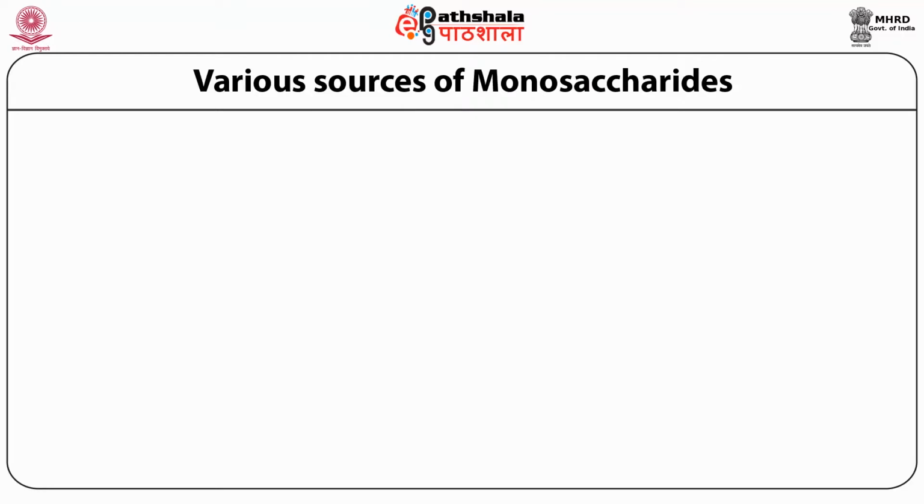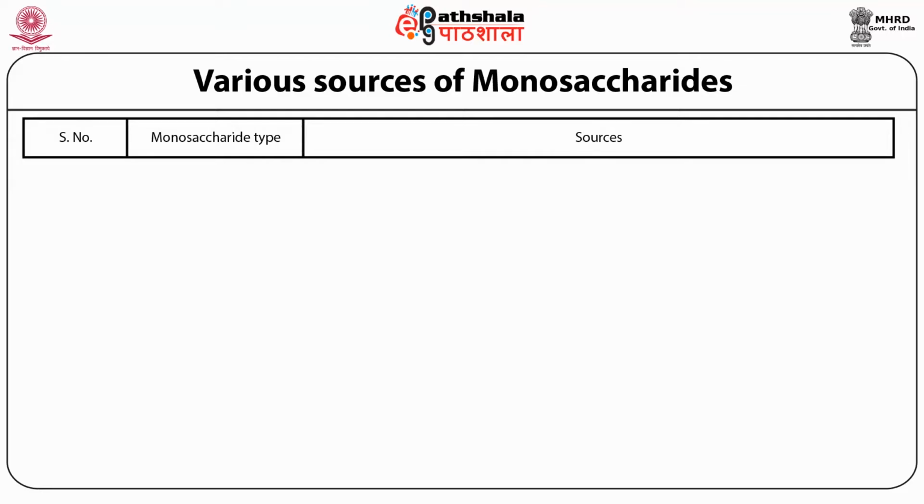Basically, most of the monosaccharides are present in fruits, cereals and food grains. So, let's talk one by one about the few most important or most occurring monosaccharides.